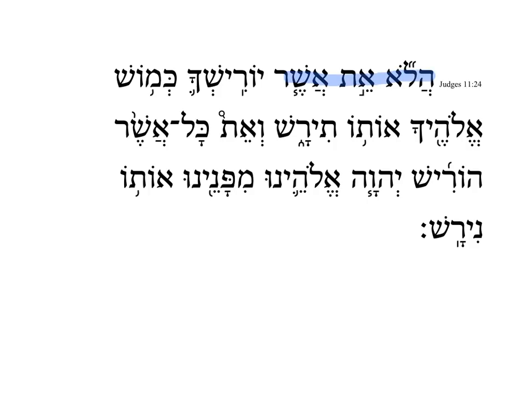Halo et asher yorishecha Kamosh Elohecha oto tirash. Ve'et kol asher torish Hashem Eloheinu mipanenu oto nirash. And this is in a form of a negative question, a rhetorical question.